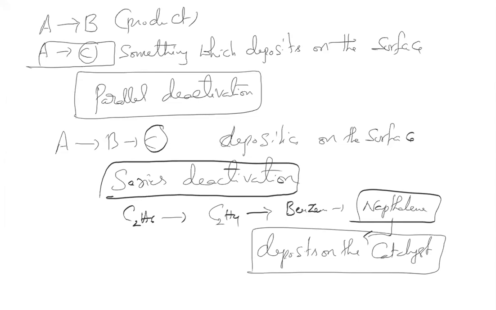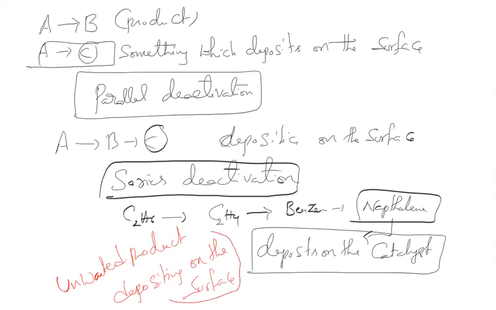Basically, in parallel and series deactivation, the basic criterion is that an unwanted product is depositing on the surface of the catalyst.